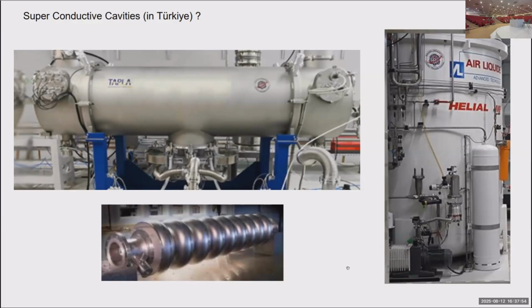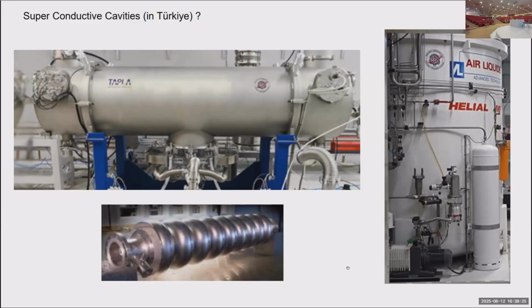Ankara University and 6 or 7 universities more make an association to make a facility and make some accelerators. But they choose superconducting accelerators. Of course, it's the problem. This is the cooling tank for superconductor cavities.